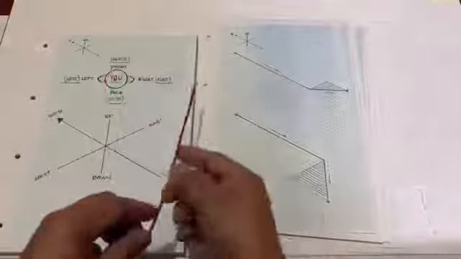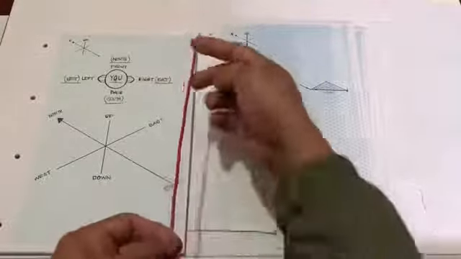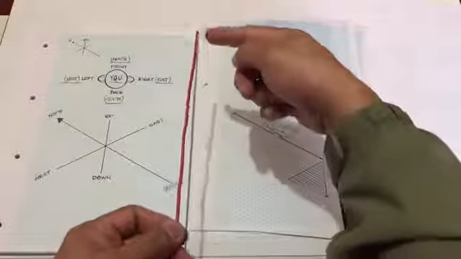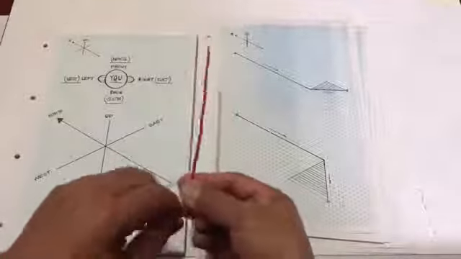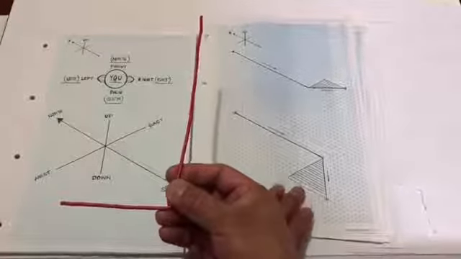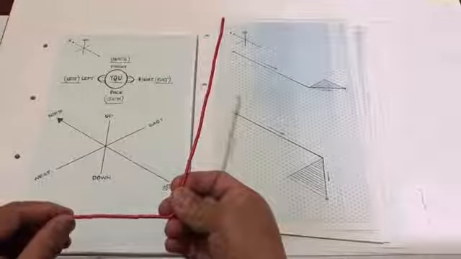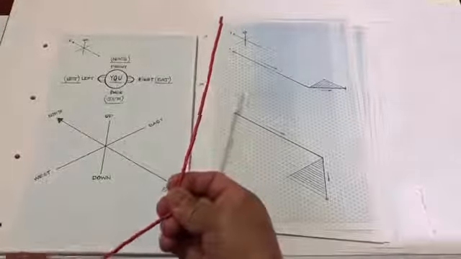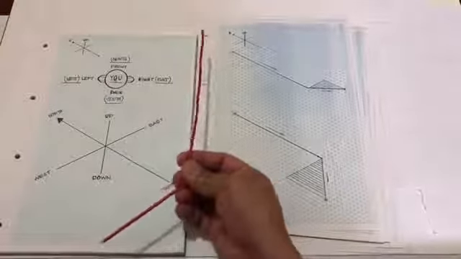And the other one, from the north to the south, or from your front towards your back, deflected to the west. But the shadow says it deflects horizontally to the southwest. So it goes that way.